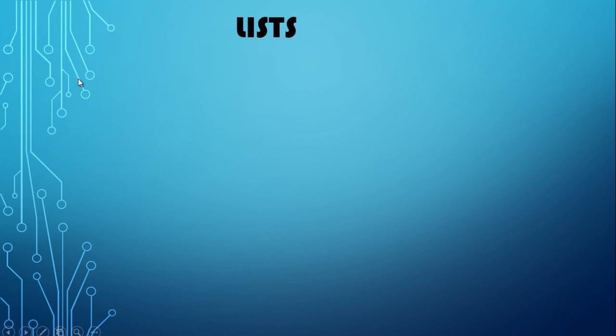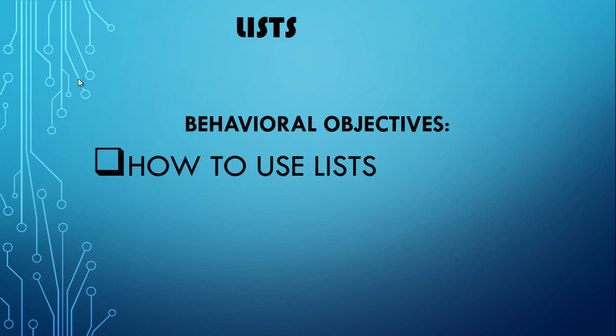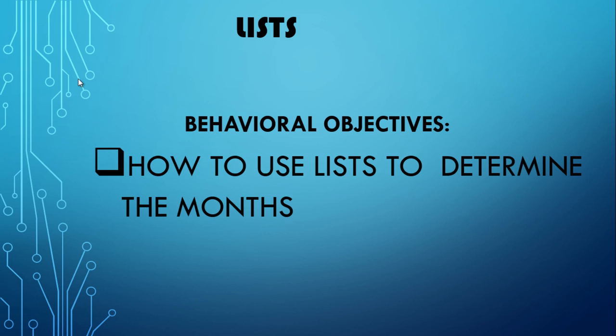In the last class we talked about how you can use certain functions with lists, but today we are going to be talking about one or two programs you can do with a list. The first one, which has to do with our behavioral objective, is how to use lists to determine the months in a year.